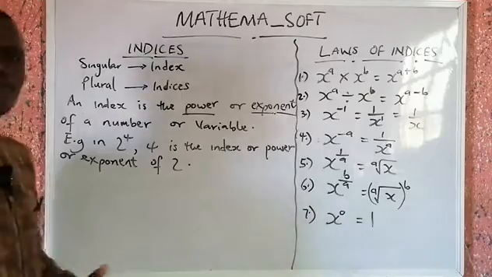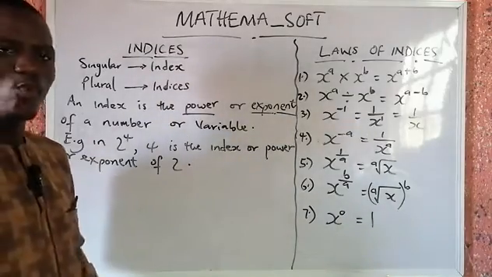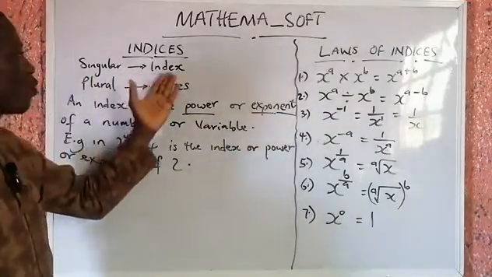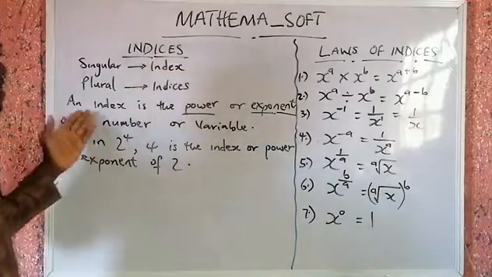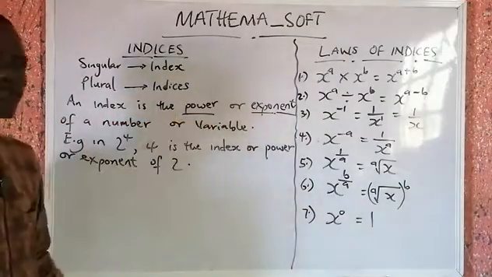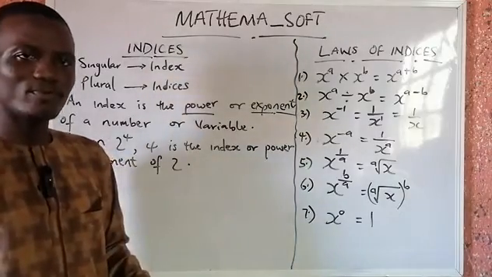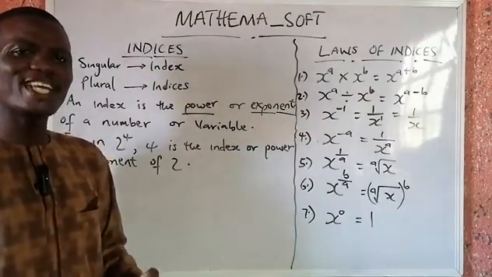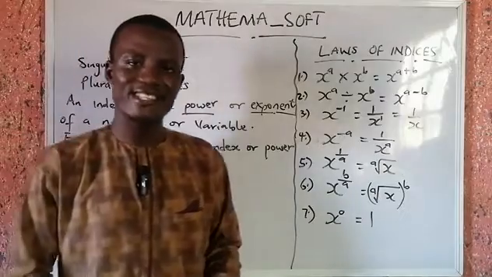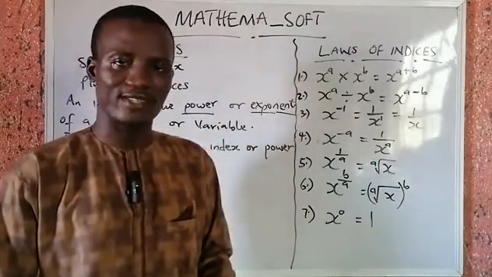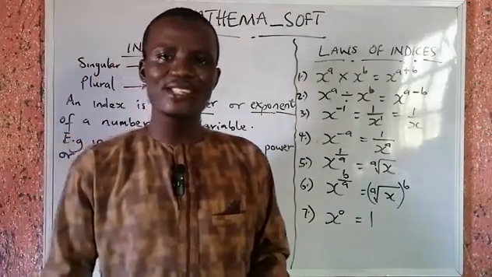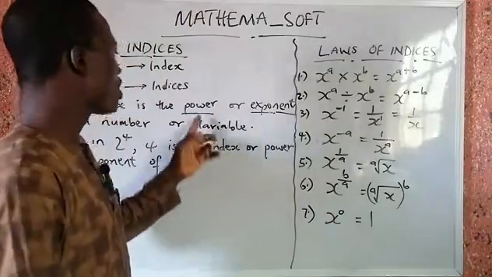And I want us to define this with the singular word index. An index is simply the power or exponents of a number or variable. In other words, the word index means the same thing with the word exponent and means the same thing with the word power.